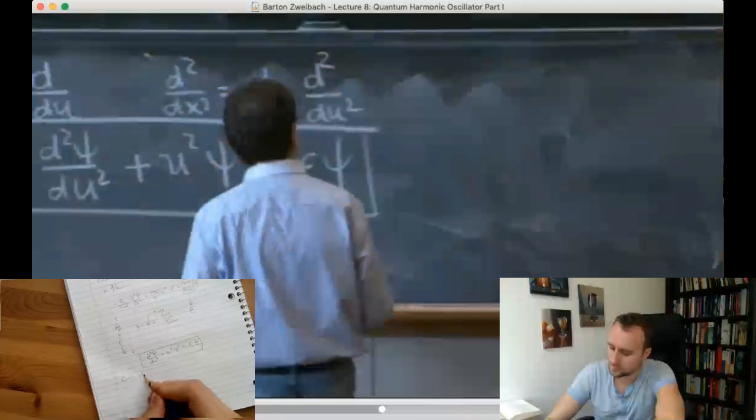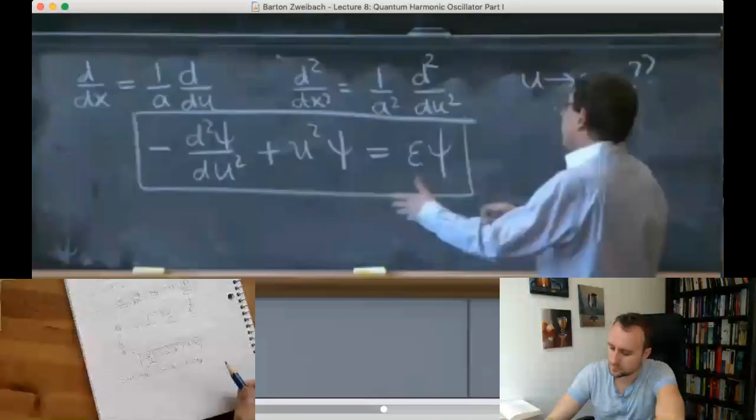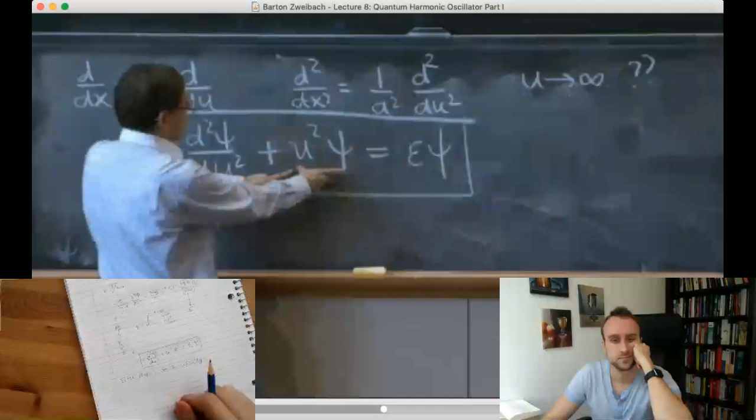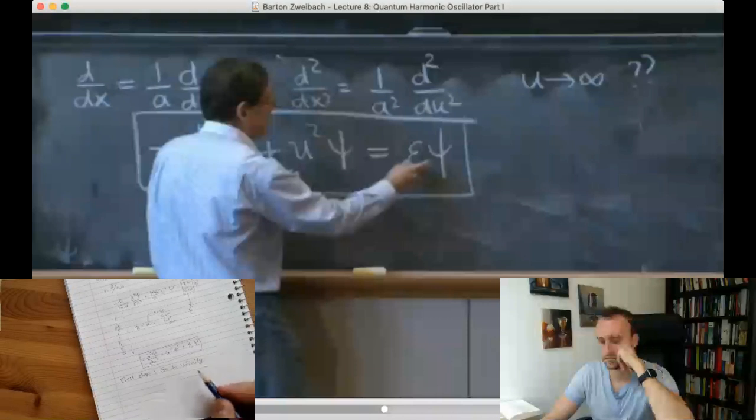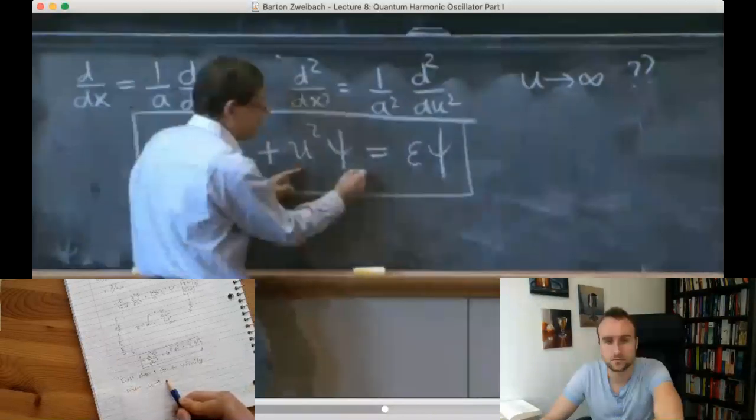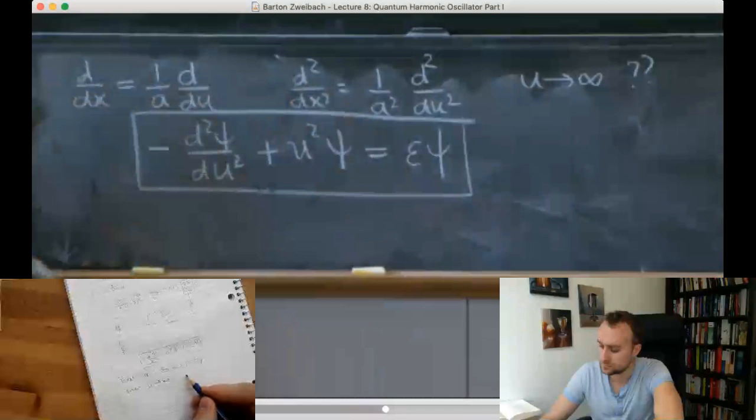When u goes to infinity, this term is much bigger than that, because we're presumably working with some fixed energy that we still don't know what it is, but it's a fixed number, and for u sufficiently large, this is going to dominate.